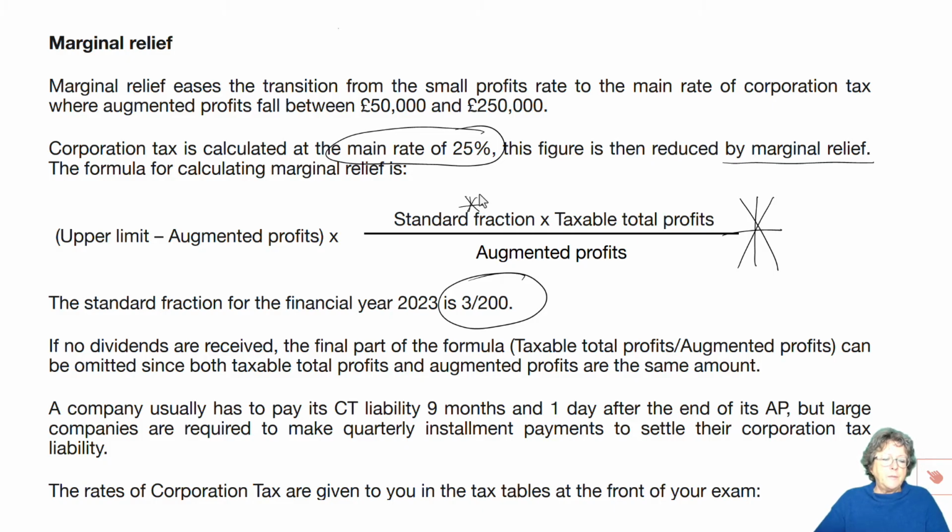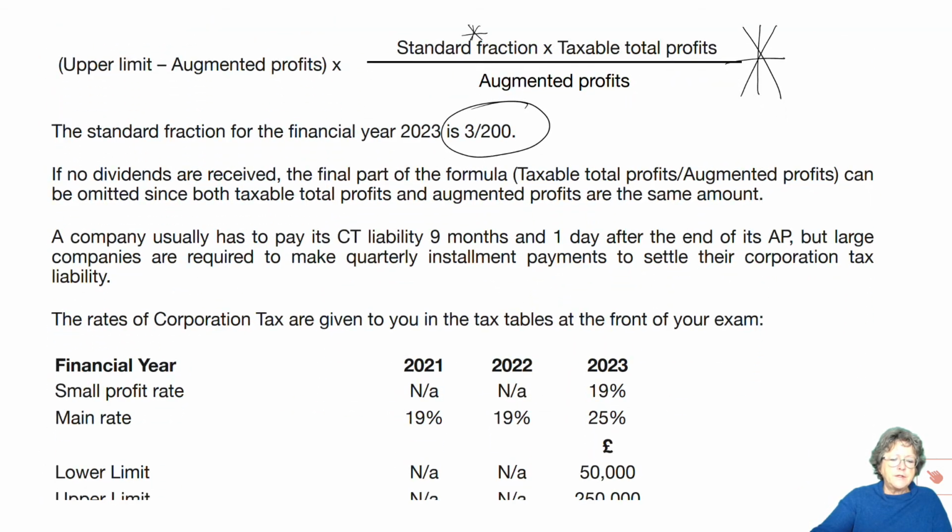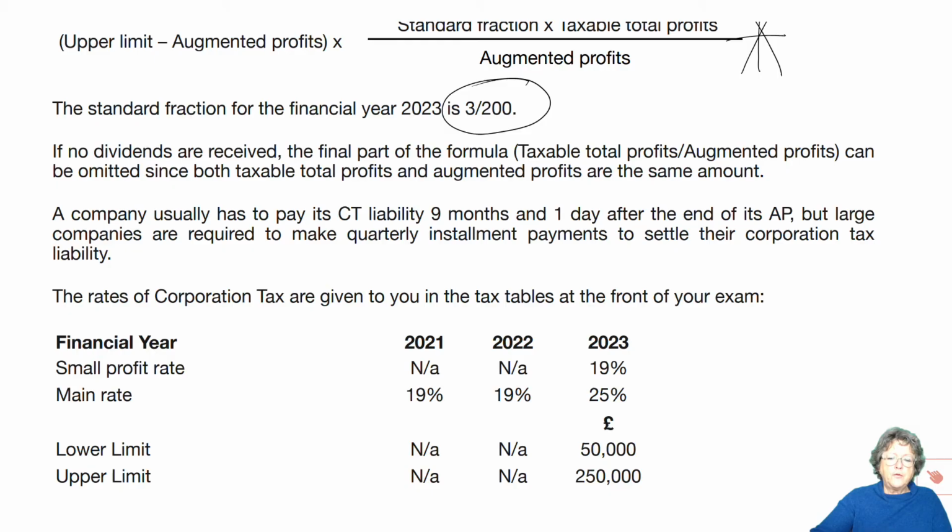Okay, so it's the upper limit of 250 minus the augmented profits times the fraction divided by the augmented profits times the TTP. So that's kind of how it works. Now, if no dividends are received, the final part of the formula can be omitted. You don't need to do it.